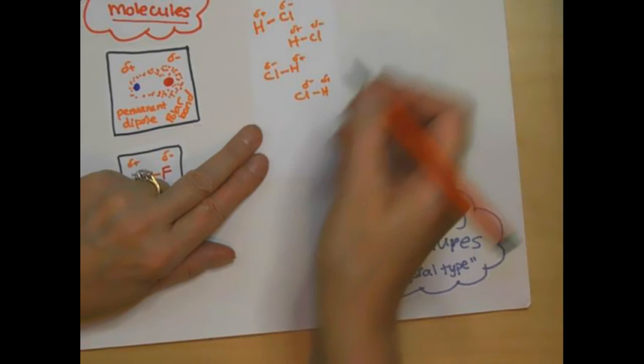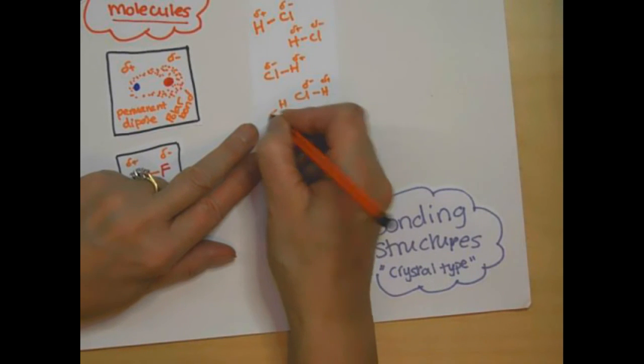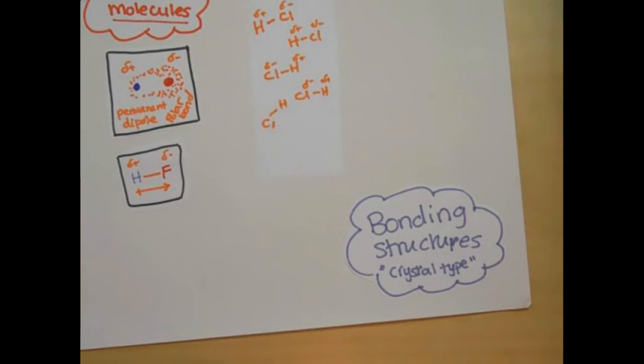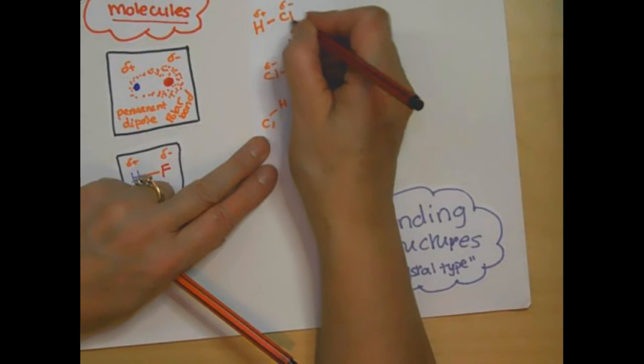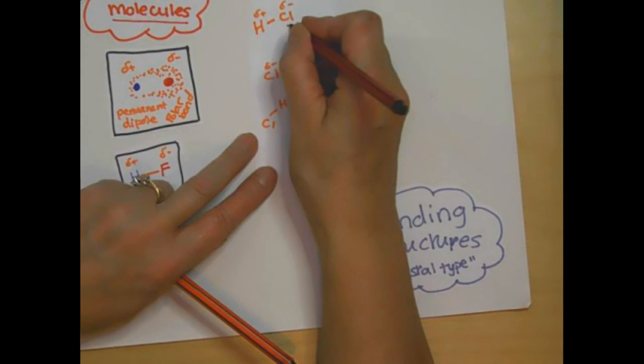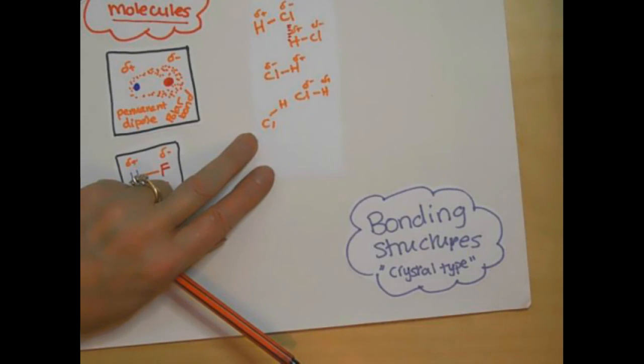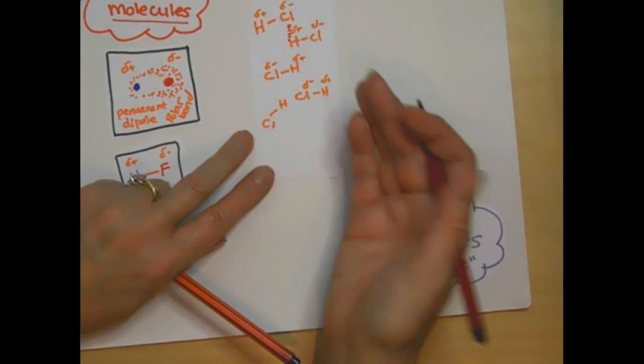So we can draw a representation of the intermolecular forces. We've got a delta negative here, and it would align itself with the delta positive. So you could see that you're going to get some order occurring in here.